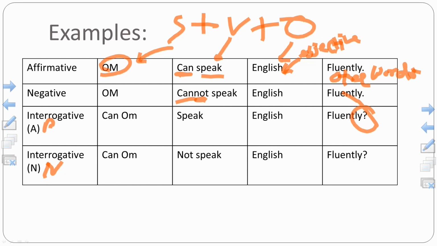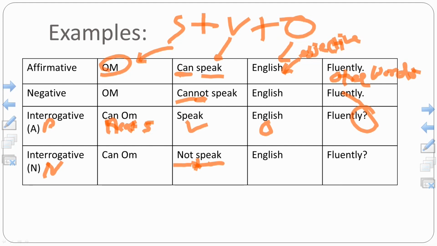Can Om speak English? First there is an auxiliary, then our subject, then verb, and then object. Just like, can Om not speak English fluently? So it shows a negative question.